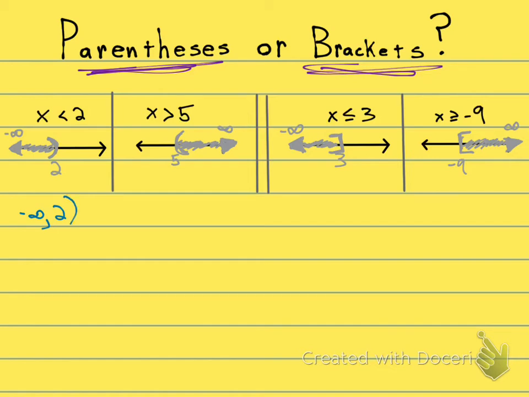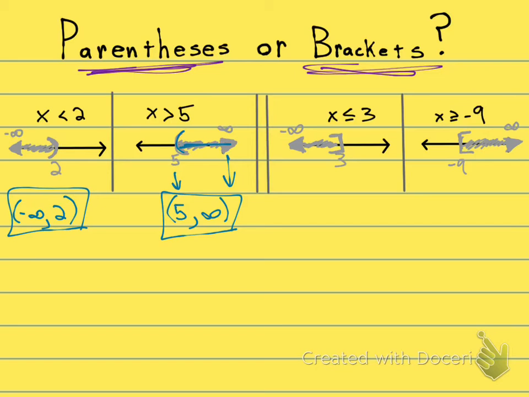Infinity and negative infinity always have a parenthesis, never a bracket, because they're not real numbers, they're concepts. And then here we have everything shaded from 5 to positive infinity, and I'm going to write it like this: 5 comma infinity. 5 has a parenthesis. Infinity always gets a parenthesis. So that's my interval notation for this one.